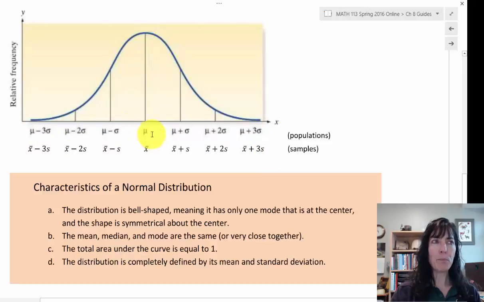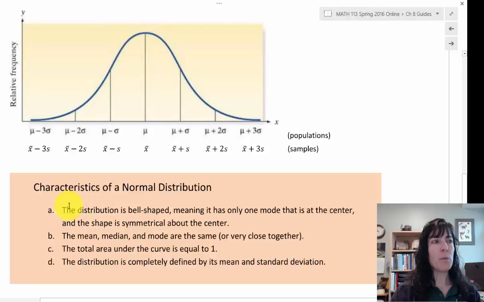And remember, the center is the mean, which is mu for a population, x bar for a sample, and then you go up 1 standard deviation or down, up 2 standard deviations or down 2, up 3 standard deviations or down 3, and that gives us markers for where our data is.